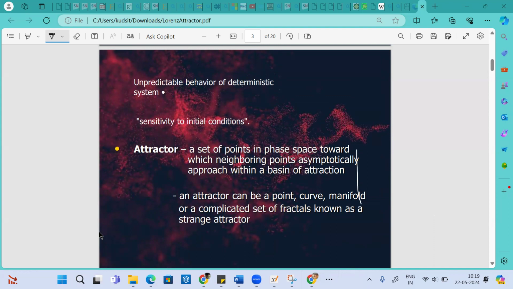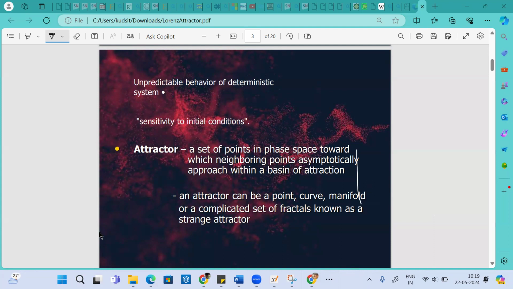If we visualize it, we can understand better. An attractor can be a point, curve, manifold, or a complicated set of fractals known as a strange attractor. So here's another term: fractals. What is a fractal? A fractal is a geometrical figure that goes on repeating.